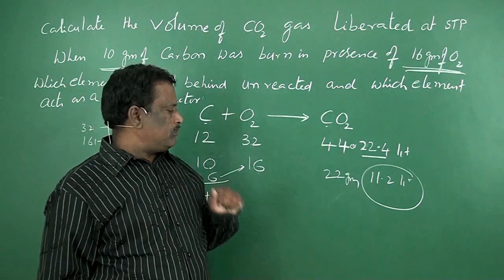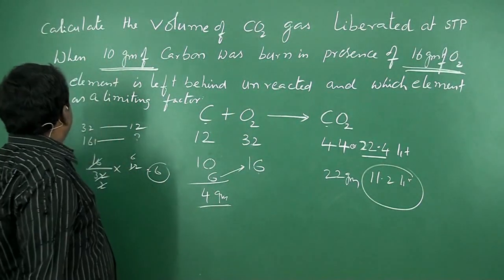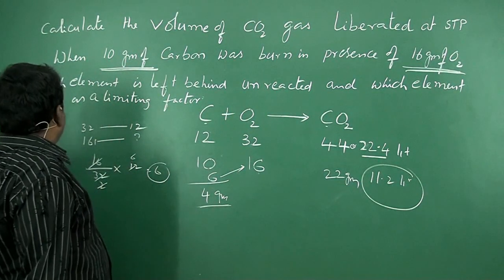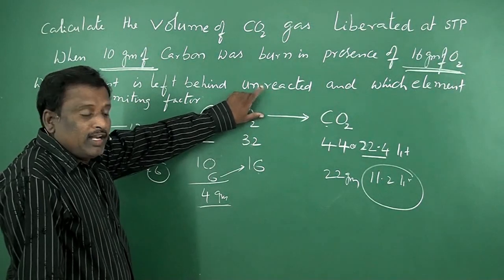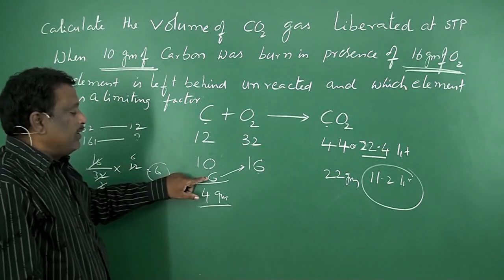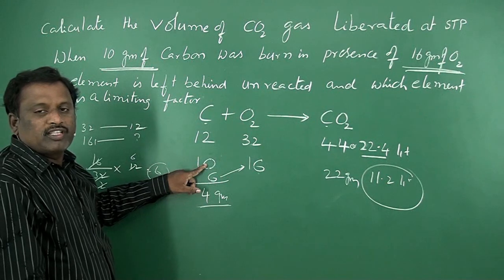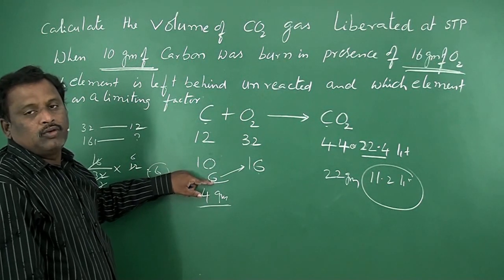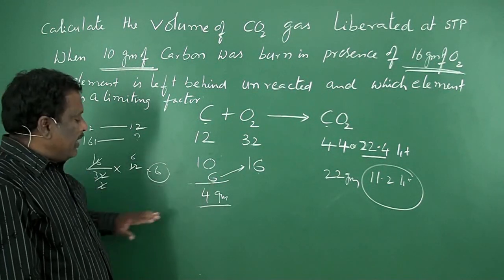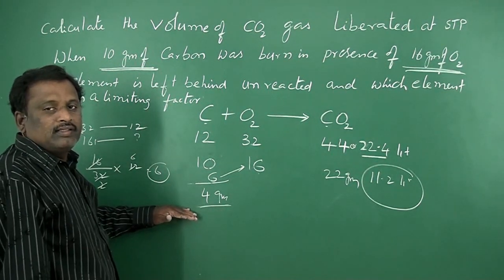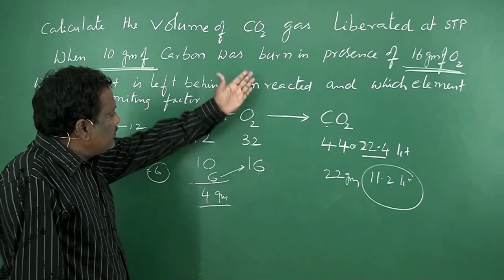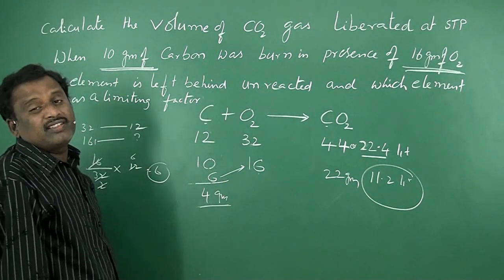Now write down the steps. So in this particular reaction, what are the questions that they have asked? Which element is left behind unreacted? The element left behind unreacted is carbon, because 10 grams of carbon was given, only 6 grams were reacted. Sometimes if they ask us the amount also, what is its amount?